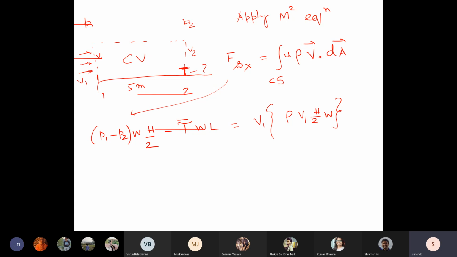There is obviously going to be a momentum flow out through 2, which I am yet to write, but the expression that I have written for momentum in through the surface at 1, is that correct, or would you like to modify it?